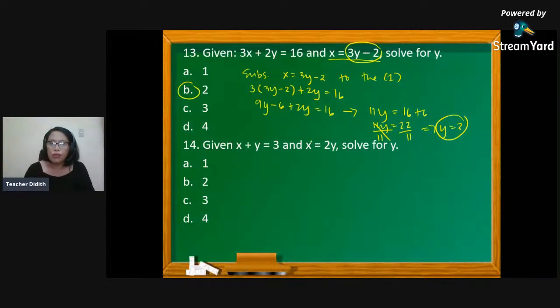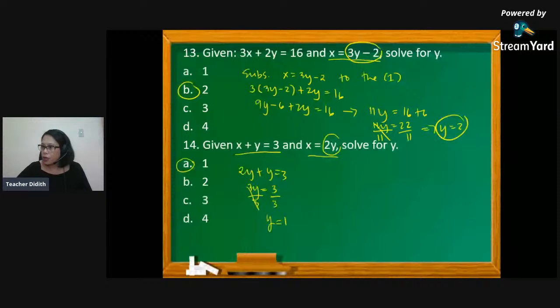If you use substitution, you're going to substitute the value of x, which is 2y, to the x of this equation. So instead of writing x, you write 2y plus y equals 3. So you have 3y equals 3. Then you divide both sides by 3 to solve for y, and y equals 1. What's your answer? You are right. So the answer is A, which is 1.